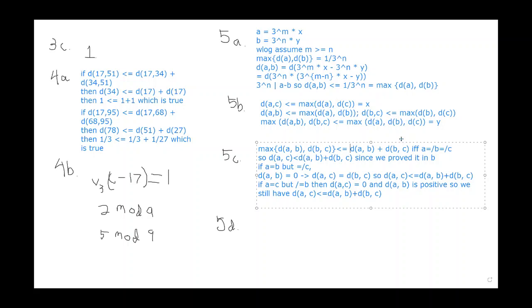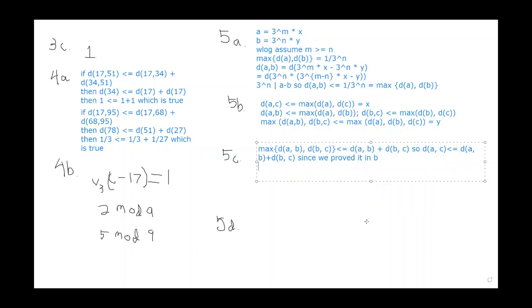This always holds. There are no exceptions. So d of AC is less than or equal to d of AB plus d of BC. So that actually just suffices here. I'll remove this here, but very good.